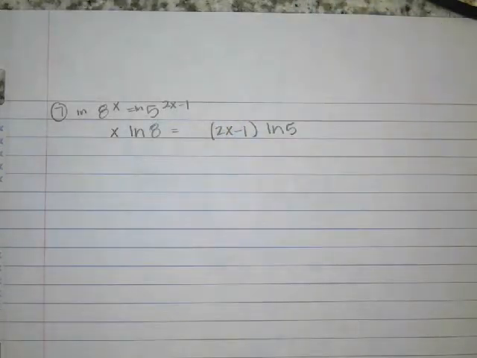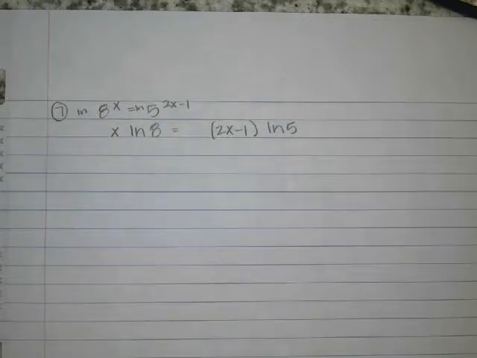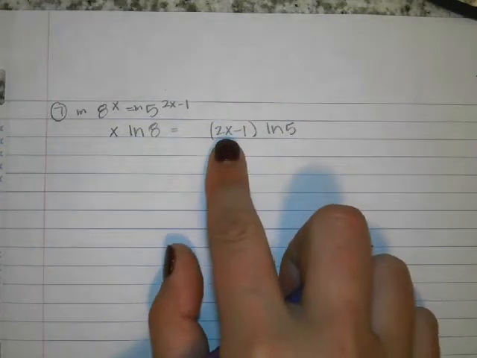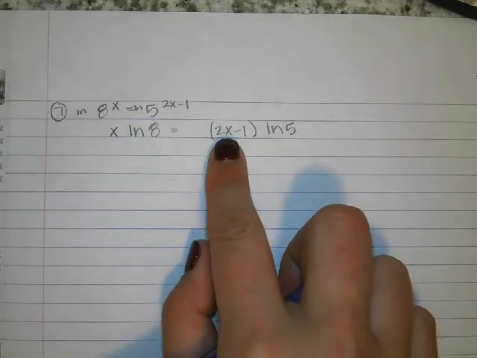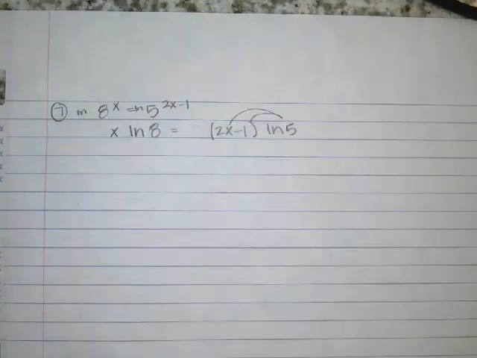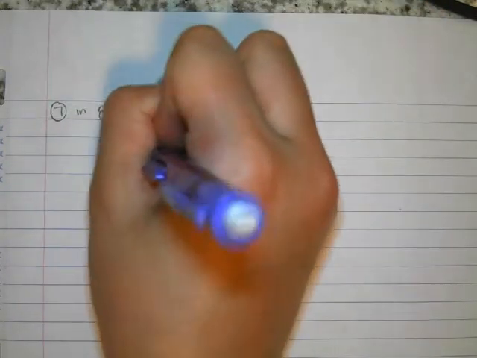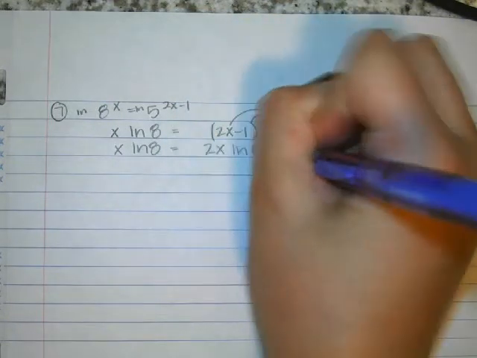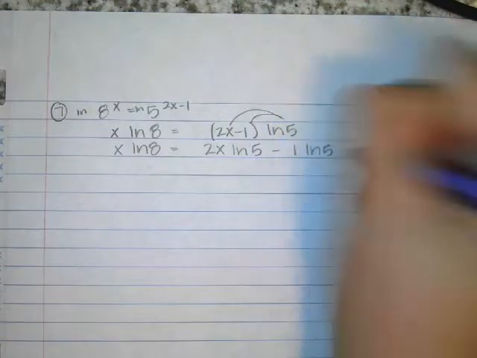Okay. At this point, my goal is to get the x's all to one side and get them isolated. So I need to get rid of these parentheses to do that because this x is being protected by that grouping symbol. So I'm going to distribute the ln 5. So I have x ln 8 equals 2x ln 5 minus 1 ln 5.